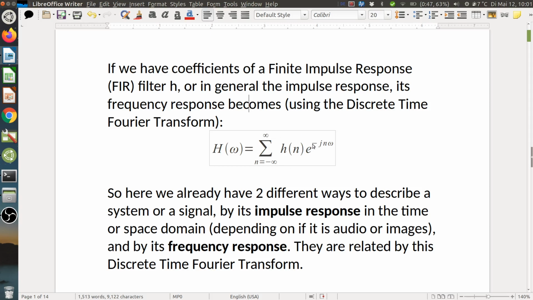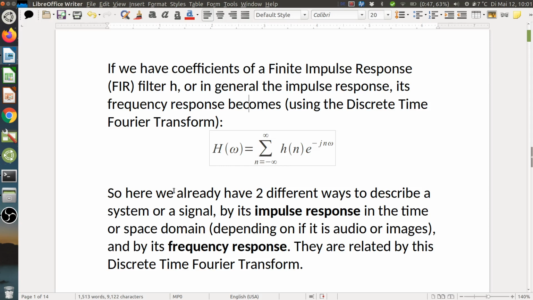Right? So here we have the transform kernel, and then here, using the normalized frequency omega, we obtain the frequency response. And even if h is real valued, this transform kernel is complex valued. So in general, the frequency response will be complex valued.